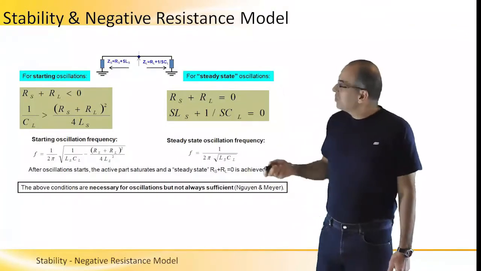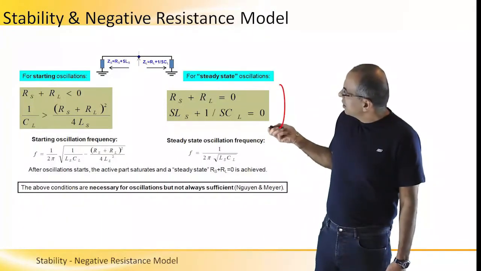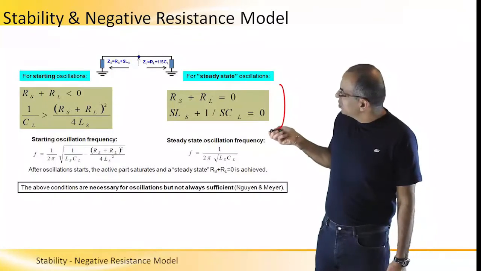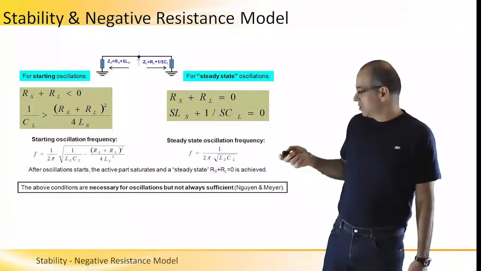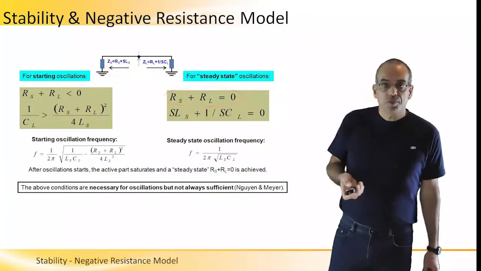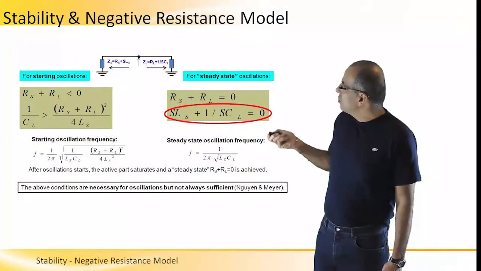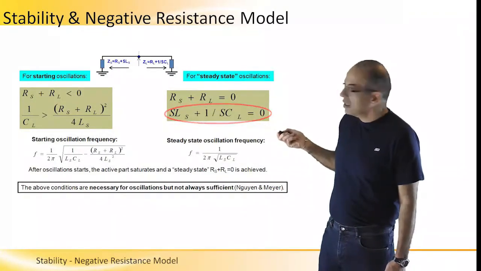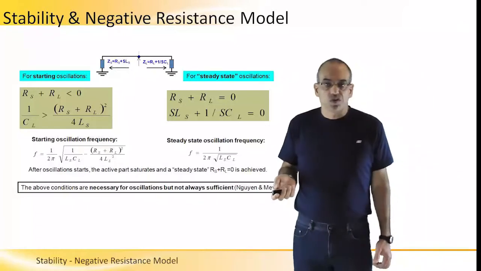However, at steady state, these will be the conditions to maintain oscillations. The sum of the two resistances must be 0, and SL plus 1 over SC needs to be equal to 0.